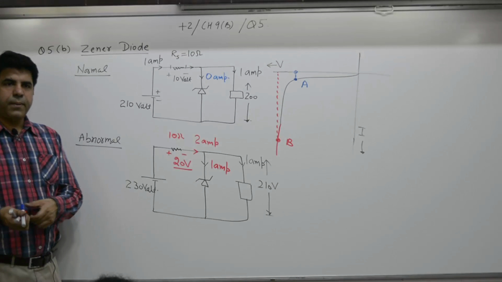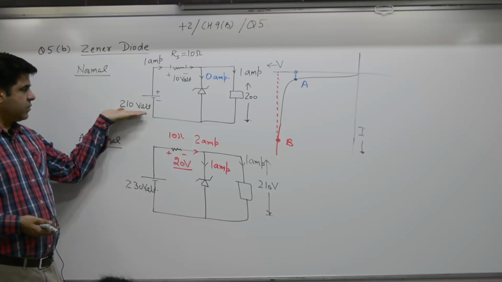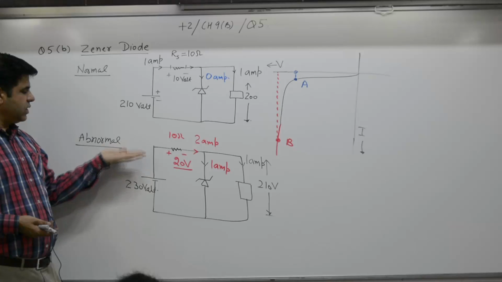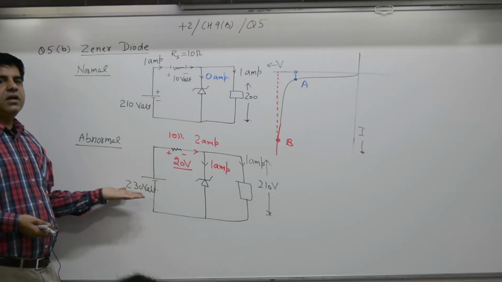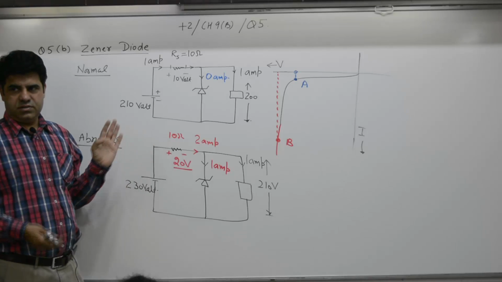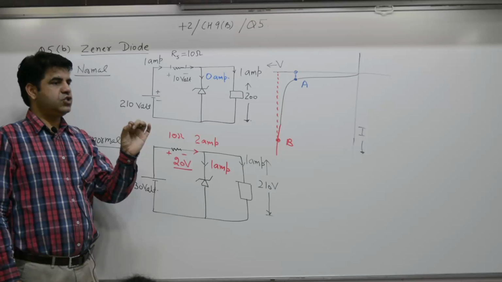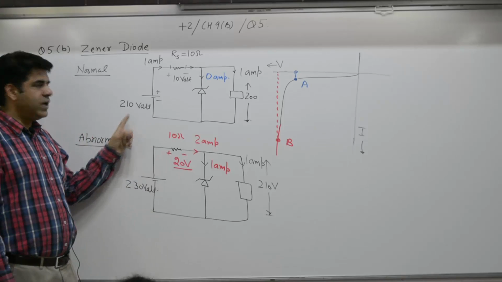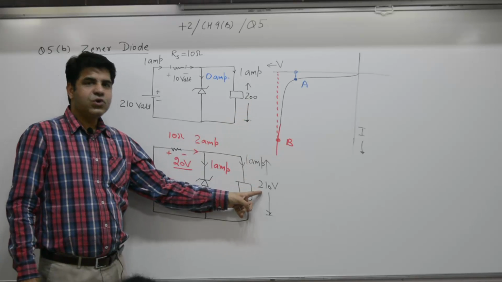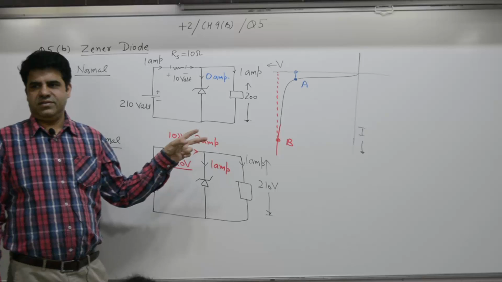That means, suppose it is 210. Now you have increased the voltage from 210 to 230. The voltage has increased by 20 volts. Extra voltage shock is 20. Here the voltage has increased from 200 to 210. Increase is only 10 volts.